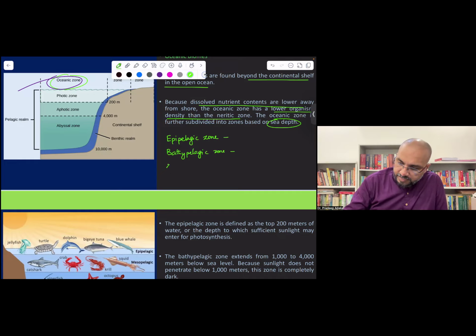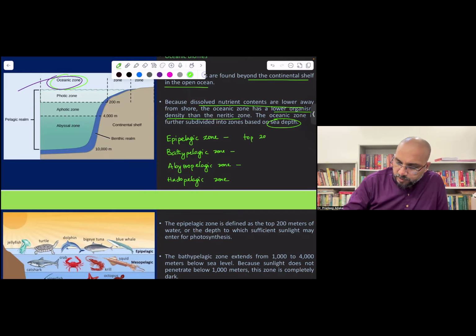Then you have abyssopelagic. Then you have hydropelagic zone.